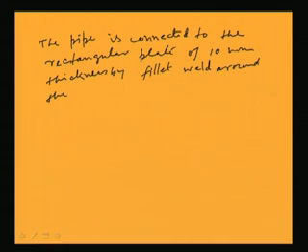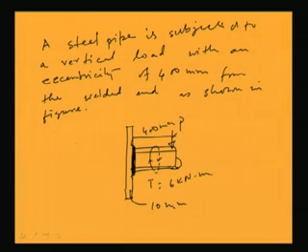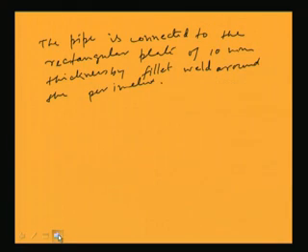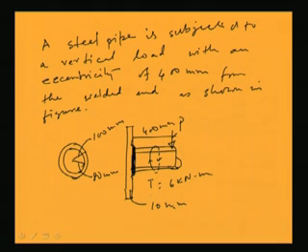So suppose this is the pipe. Now inner and outer radius is say 80 mm and 100 mm. So inner radius is 80 mm and outer radius is 100 mm. Now the pipe is also subjected to a torsion of 6 kilonewton meter. This is also subjected to torsion, right.